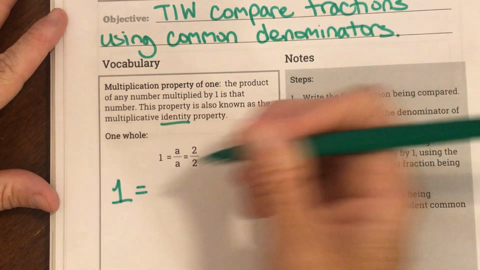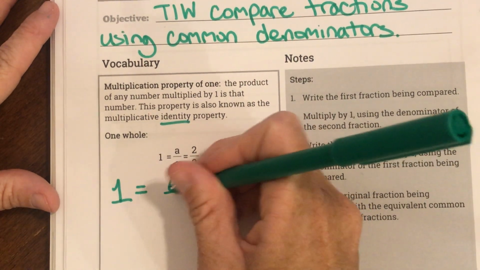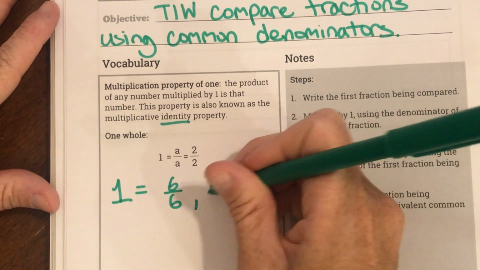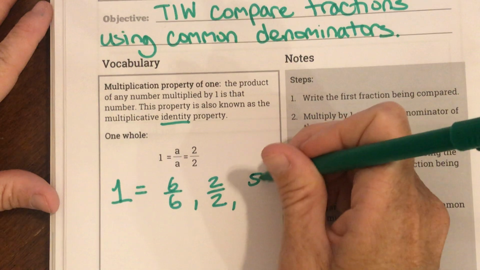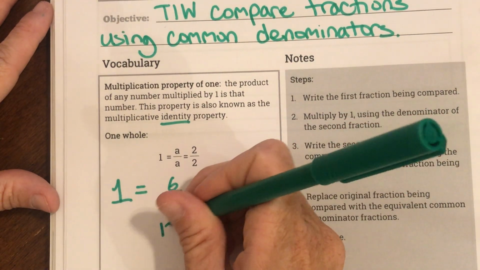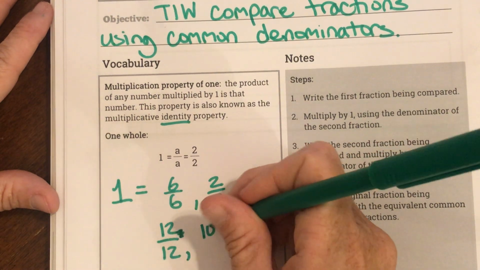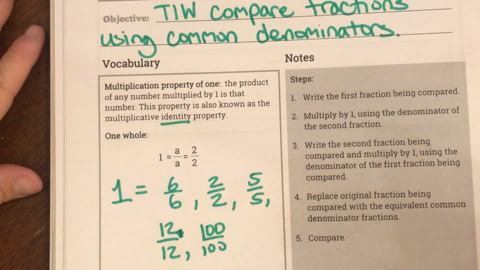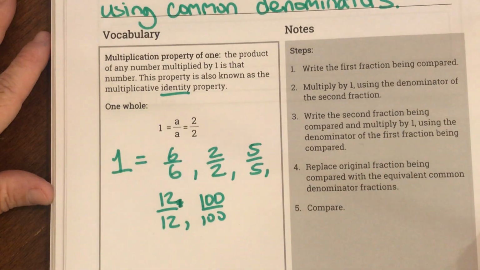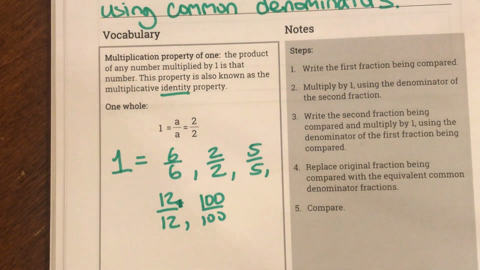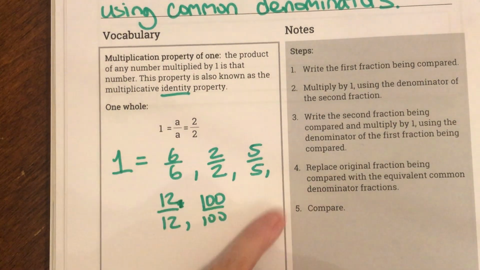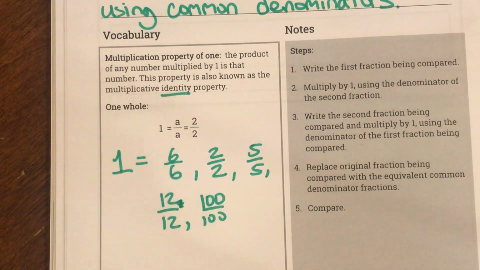So all of these fractions would be equal to 1: 6 over 6, 2 over 2, 5 over 5, 12 over 12, 100 over 100. So I can multiply any fraction by any of these, and I don't change its value or identity.